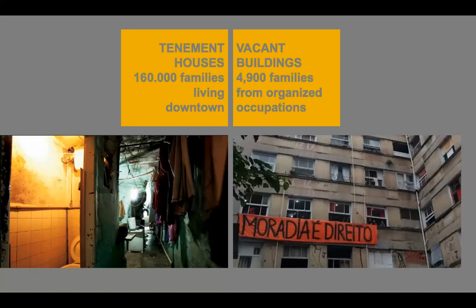We have 160,000 families living in tenement houses, and we also have vacant buildings that have been occupied by organized social movements, as a form of fighting for housing rights.